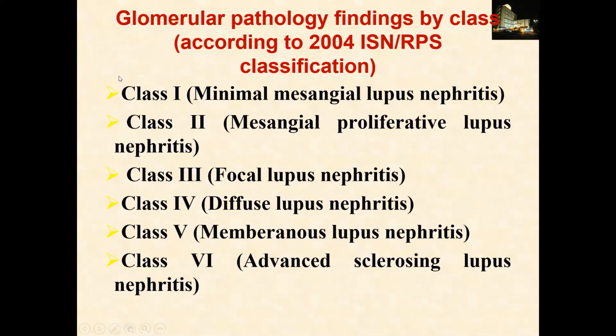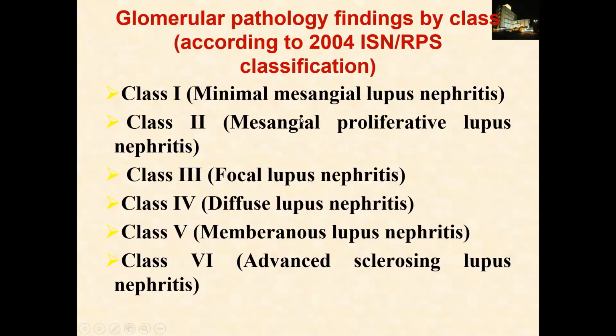The working classification that we now use in the pathology lab for classifying lupus nephritis in renal biopsy is the ISN/Renal Pathology Society classification, published in 2004. Class 1 is minimal mesangial lupus nephritis, with a very minimal or normal-looking renal biopsy.